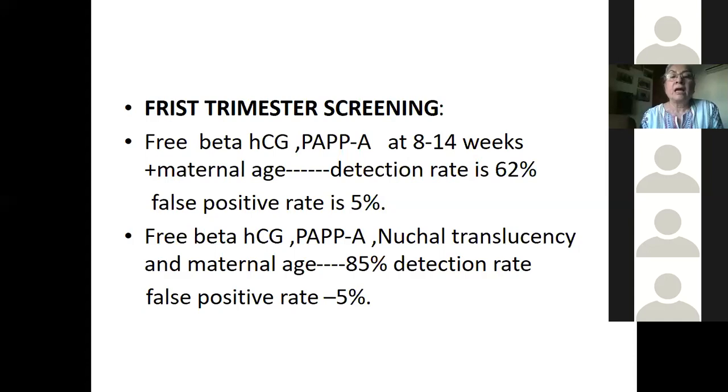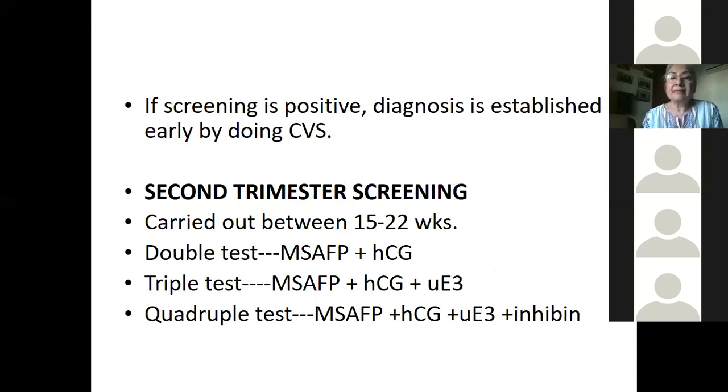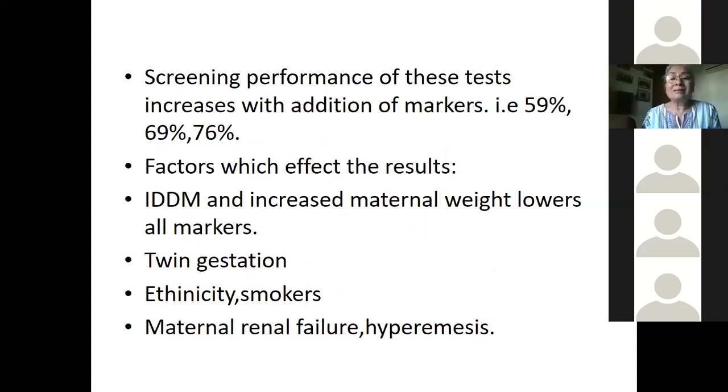As I said, if the mother comes late in the second trimester, we do either a triple test or a quadruple test on her. And again, it's the computer which calculates the risk and gives you the result. Now, before you do a test, one has to have an exact calculated gestational age.